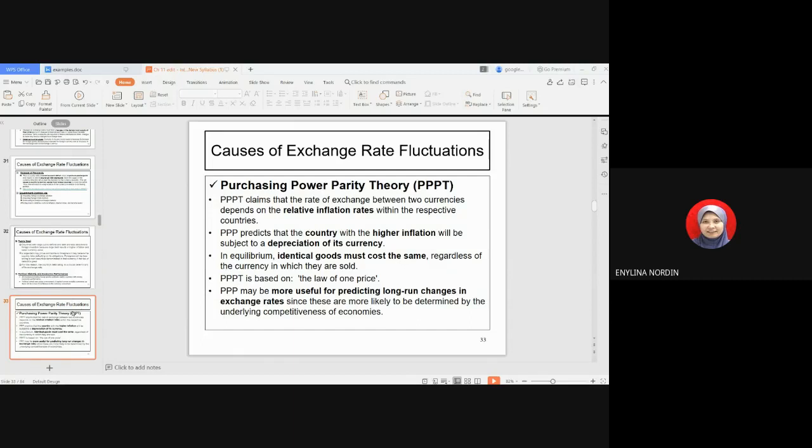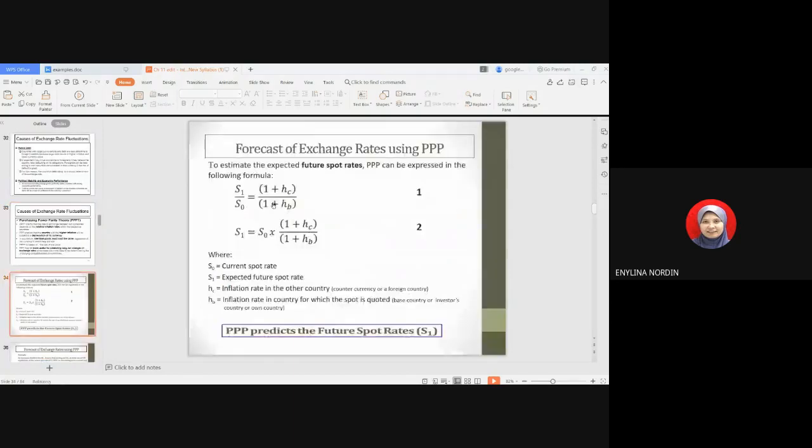there is a formula. The PPP theory can be used to forecast or estimate the expected future spot rate, or to predict the exchange rate of the foreign country.